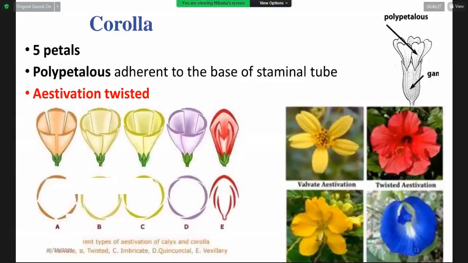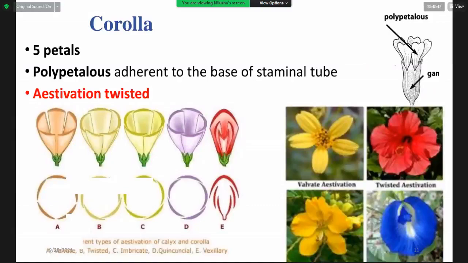And also you can see here twisted estivation. Estivation means the arrangement of the petals and the sepals in a flower.